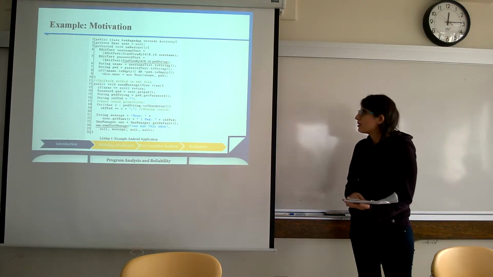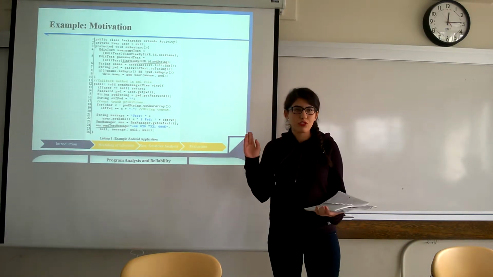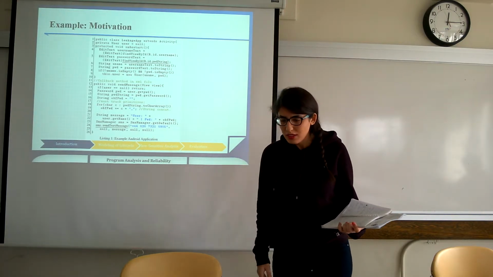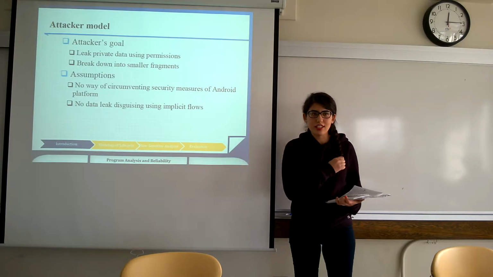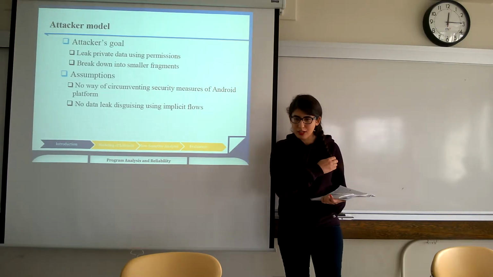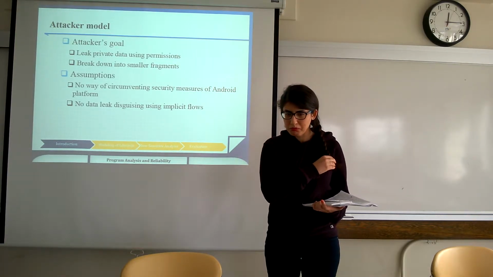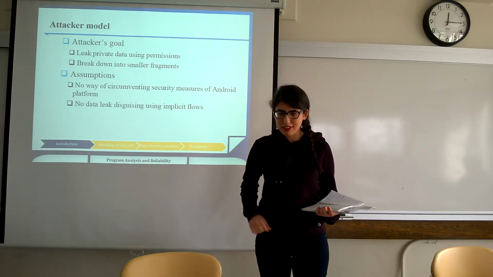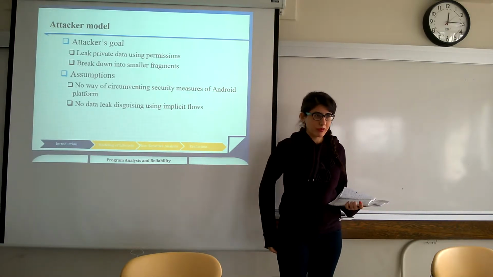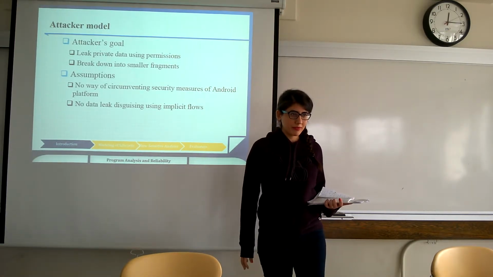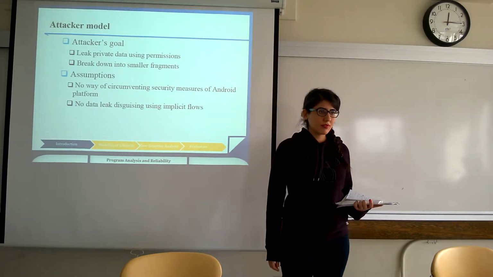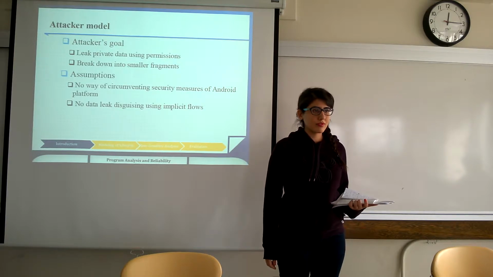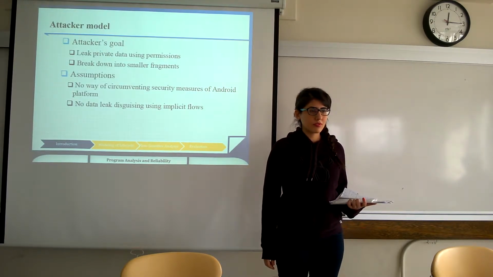Okay, any questions on the example? They have these assumptions about their attacker model, which I felt we should discuss. I have one more question. What if these operations of getting a password and sending a text message are split apart in time and activities?